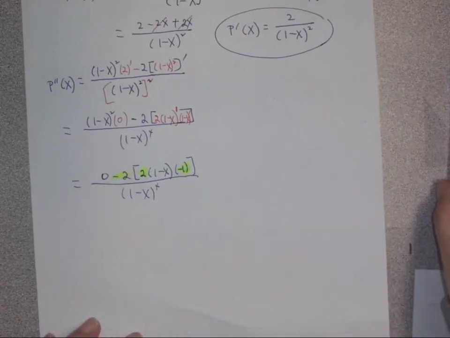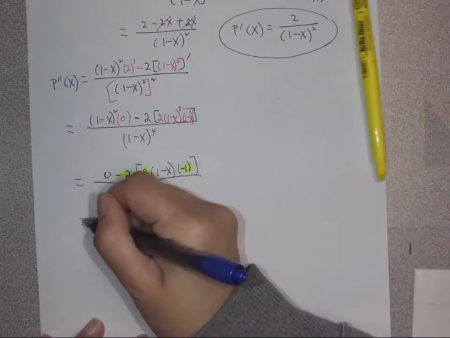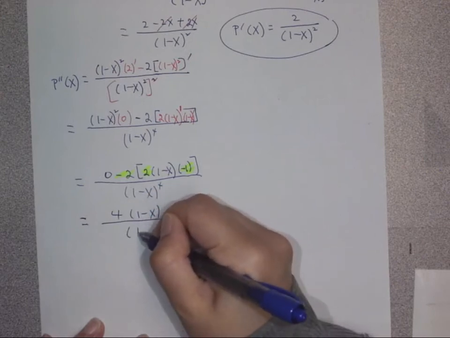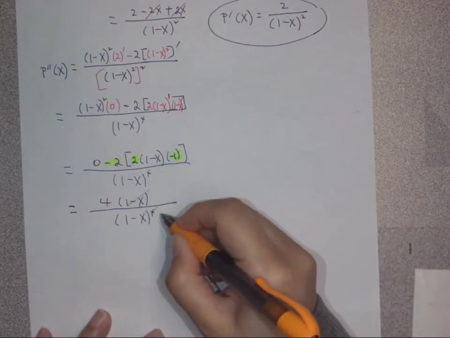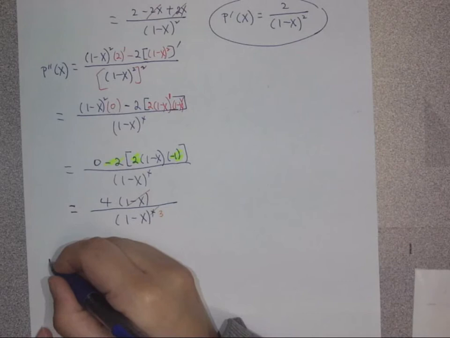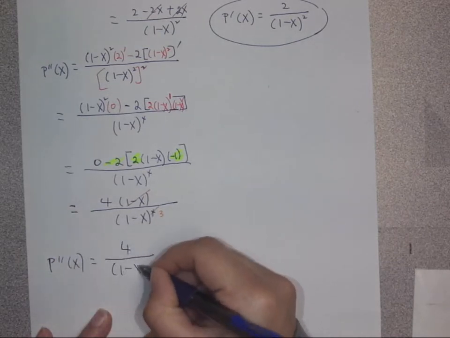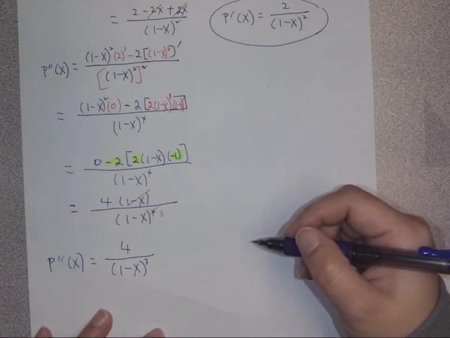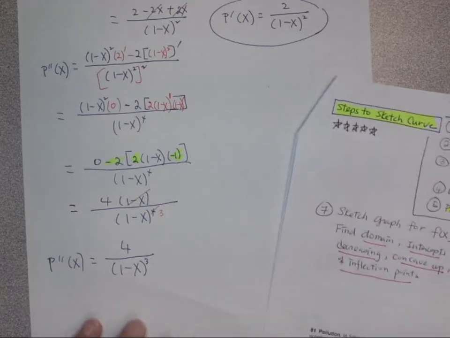Together we have positive 4, times 1 minus x. At the bottom we have 1 minus x to the 4th. Looks like we can cancel one of these. It's kind of difficult. So p double prime of x is going to be 4 on top, 1 minus x cubed on the bottom. So we found the first and second derivatives, right? Let's go back to the question. Maybe we just put it down over here and figure it out.